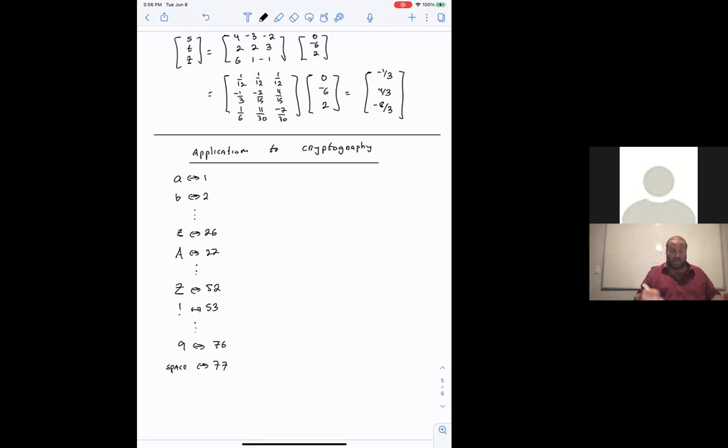So even though the numbers 9 and 8 and 7 are there on the left, we're going to imagine them as just being symbols, and the numbers on the right are the numbers 1 through 77.